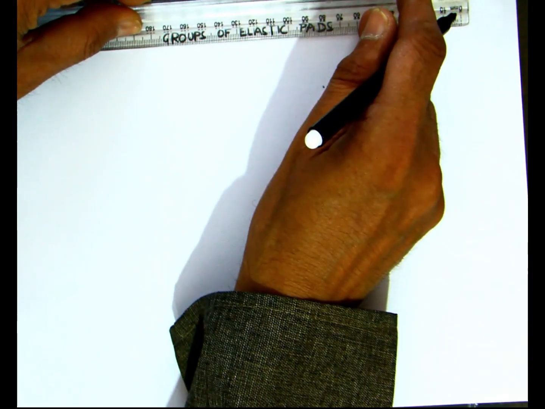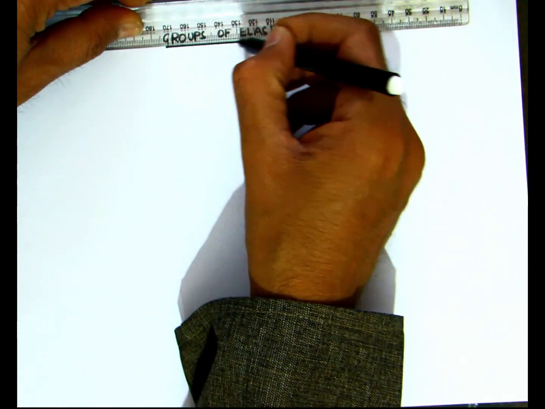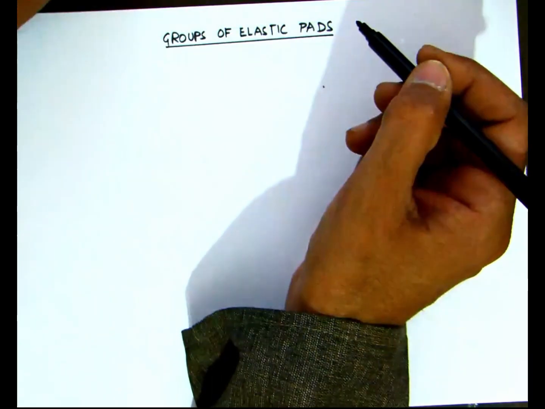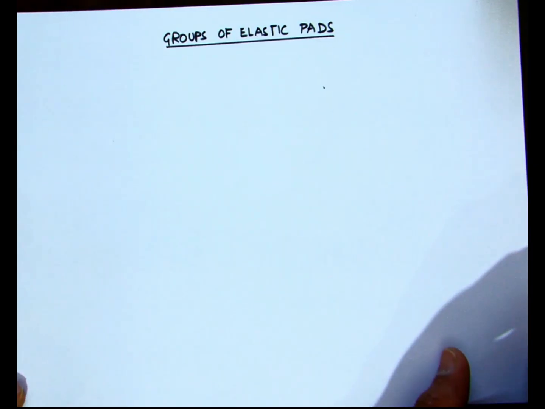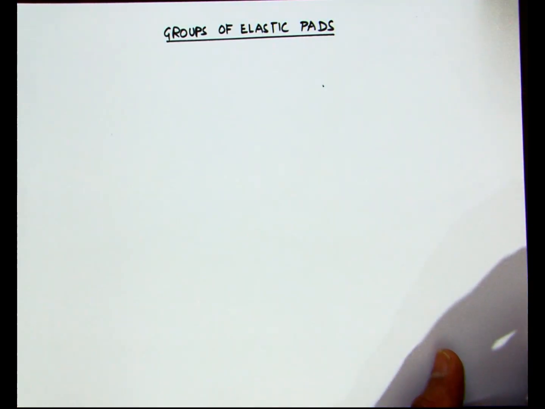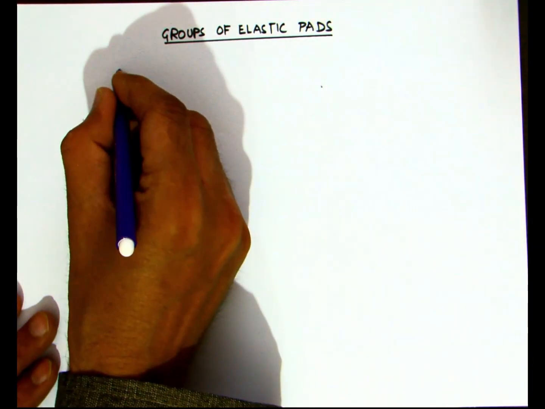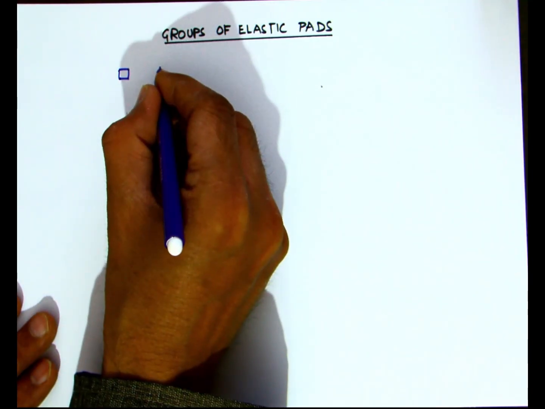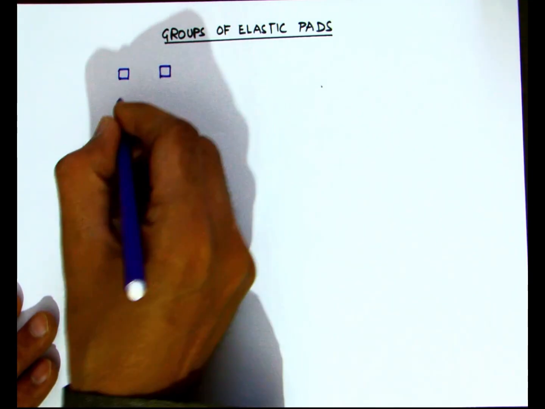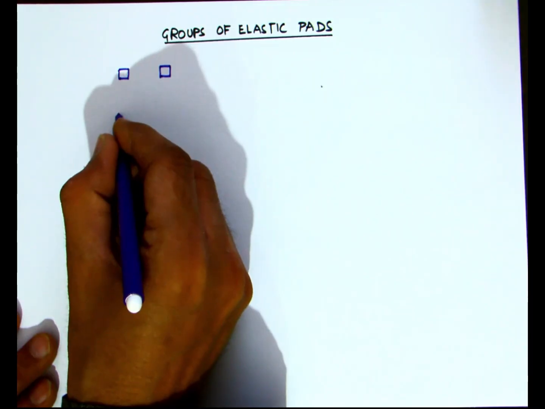Usually, it is not practical to place a single very large sheet of rubber below a machine. So usually we place an array of elastic pads, because rubber pads are generally available in small sizes which can be adjusted, and usually these are placed at the anchorage points.